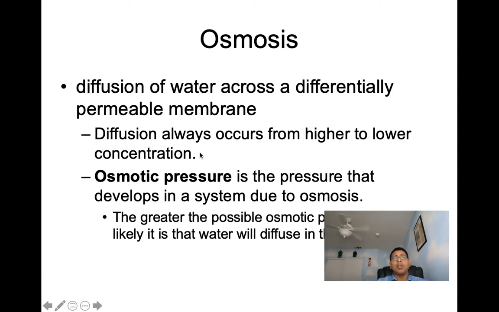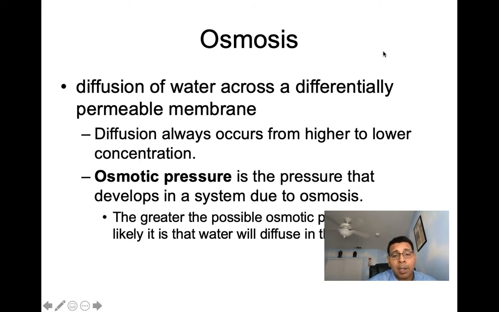So if somebody asks you in anatomy, the next class, can you define osmosis? The diffusion of water. They should understand that you know exactly what you're talking about. Again, it's the diffusion of water across a selectively permeable membrane due to concentration differences.